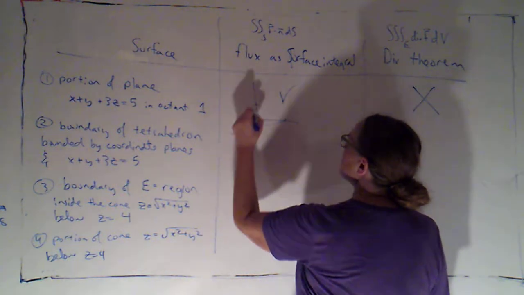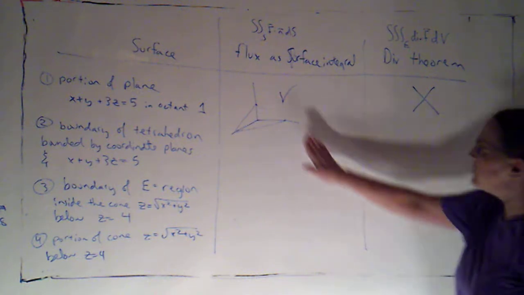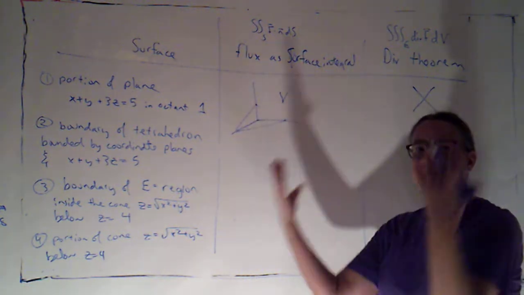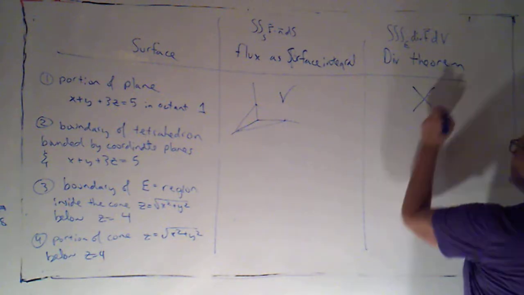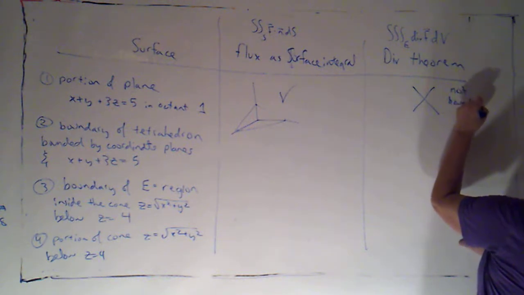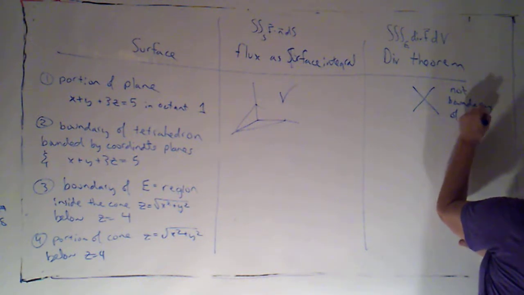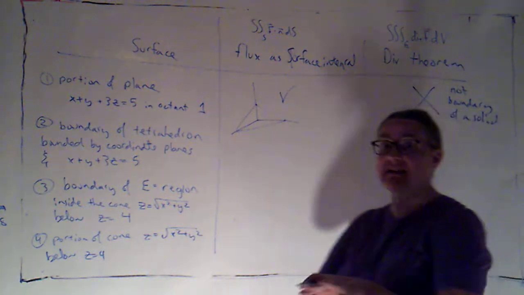I'm looking just at this triangular piece of plane, which doesn't enclose any finite solid. So I can't use the divergence theorem if I have a surface that isn't the boundary of a solid.